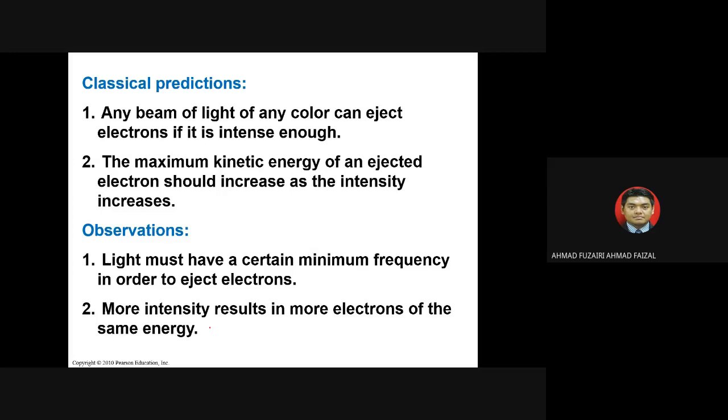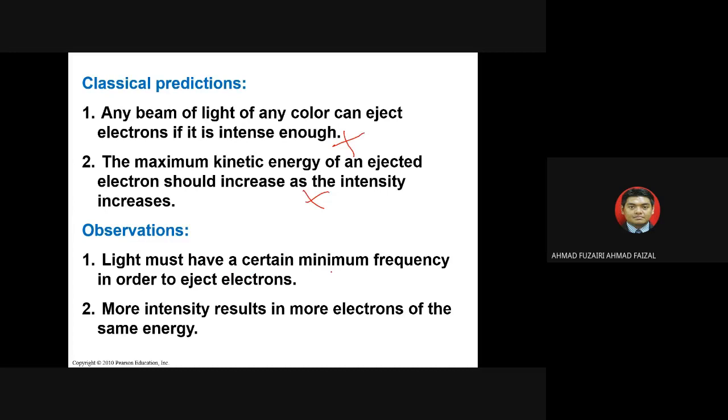Now, the classical predictions in the photoelectric effect: number one, any beam of light of any color can eject electrons. And number two, the maximum kinetic energy of an ejected electron should increase as the intensity increases. But this is wrong. Why is this wrong? Because look at this observation.